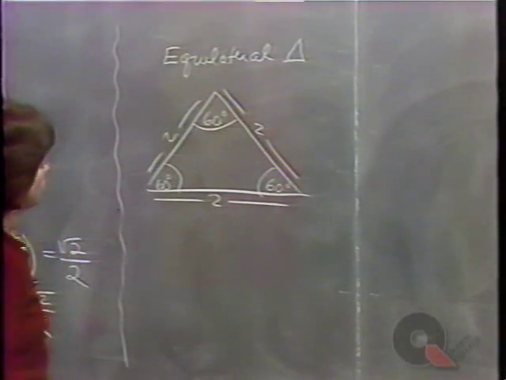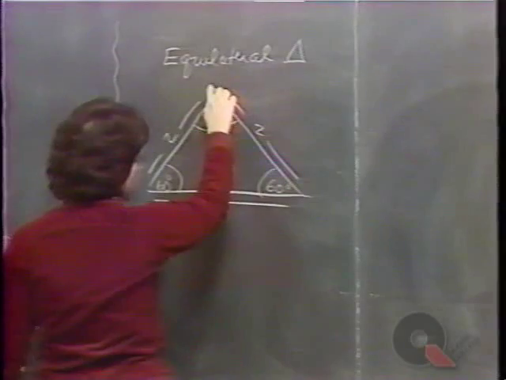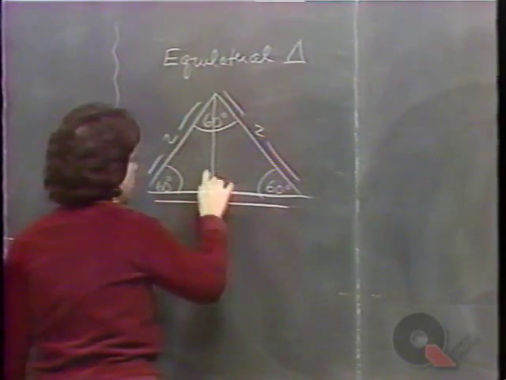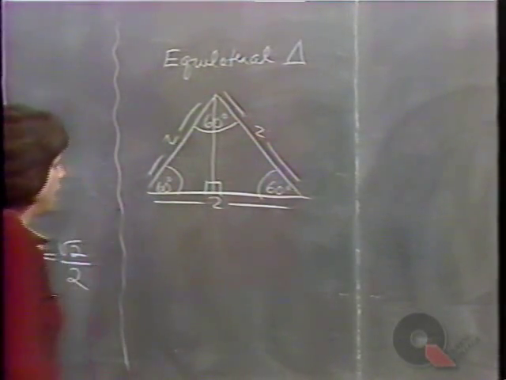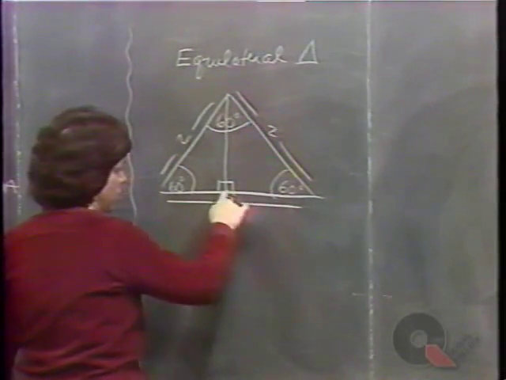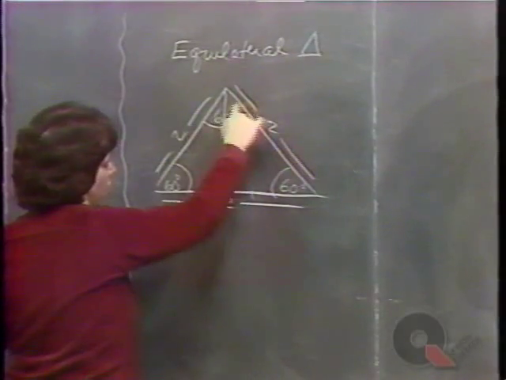Furthermore, it is also true that in an equilateral triangle, if we were to draw from this vertex an altitude to the base, this altitude to the base is also the median, which means it bisects the base, and it's also an angle bisector.